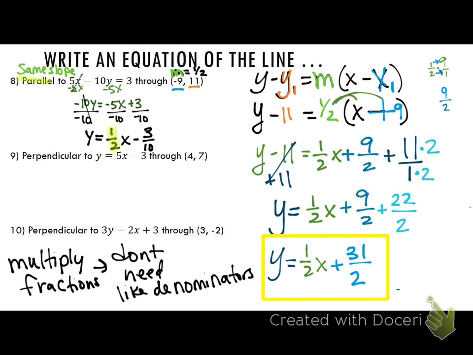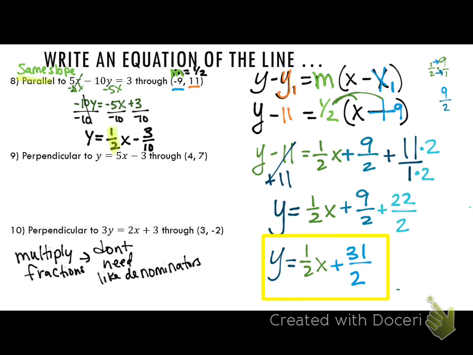You just multiply, right? You multiply the tops together, you multiply the bottoms together. I'll let you write this down here for a second. When you multiply fractions, you do not need like denominators. So if I want to multiply 1/3 times 4 over 7, I can multiply them. I don't need like denominators. I could just multiply straight across. Like 1 times 4 is 4, and 3 times 7 is 21.